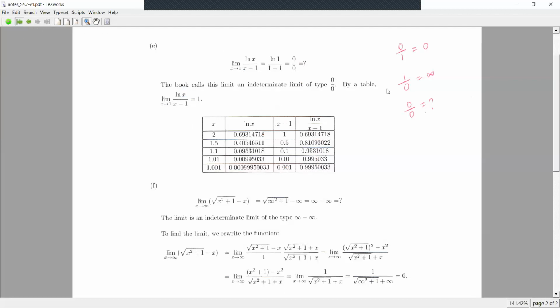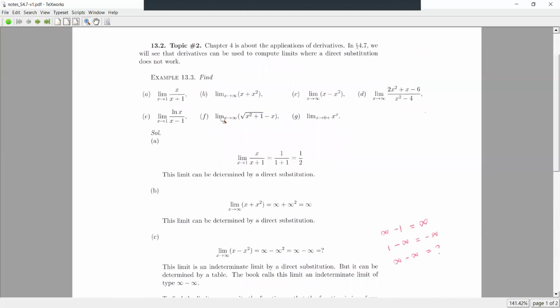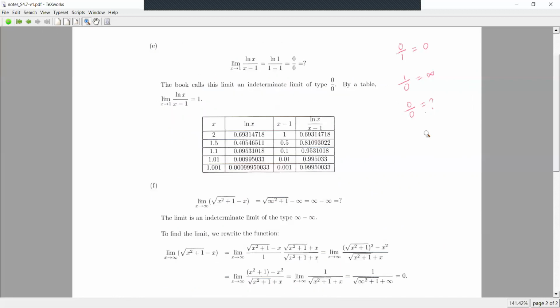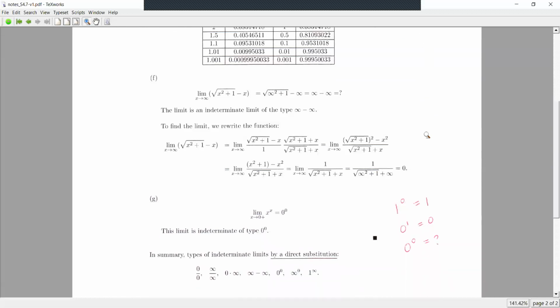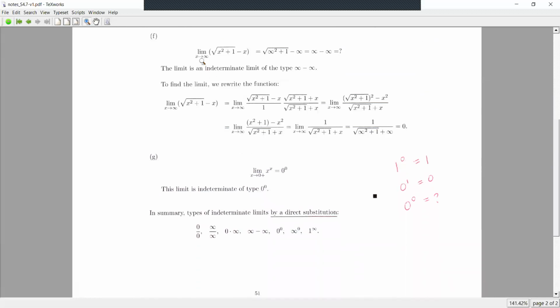Now, the function in f. When x approaches infinity, what number will this difference approach? Direct substitution doesn't work again. I directly plug in infinity in x, then I get this. Infinity squared plus 1, infinity.